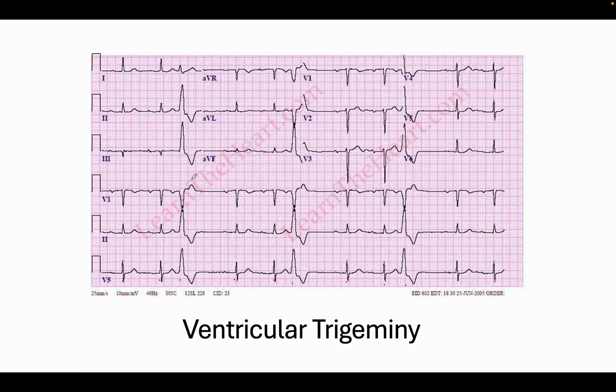And again, in this example, each ventricular ectopic seems to be the same morphology, so it's likely the same foci that's intermittently firing off. You can have ventricular bigeminies and trigeminies where the morphology of the ectopy does change, and that's just because it's a different foci that's firing off within the ventricle for each beat.